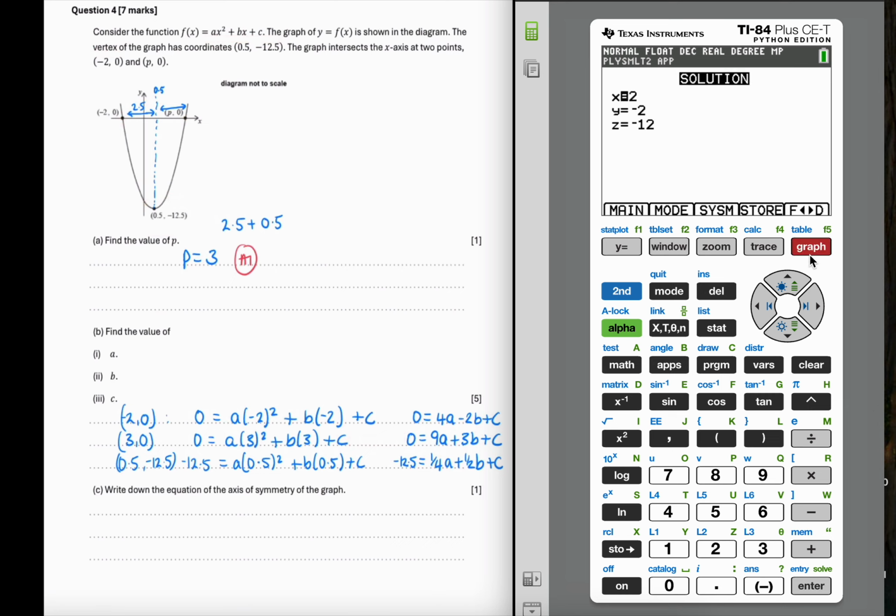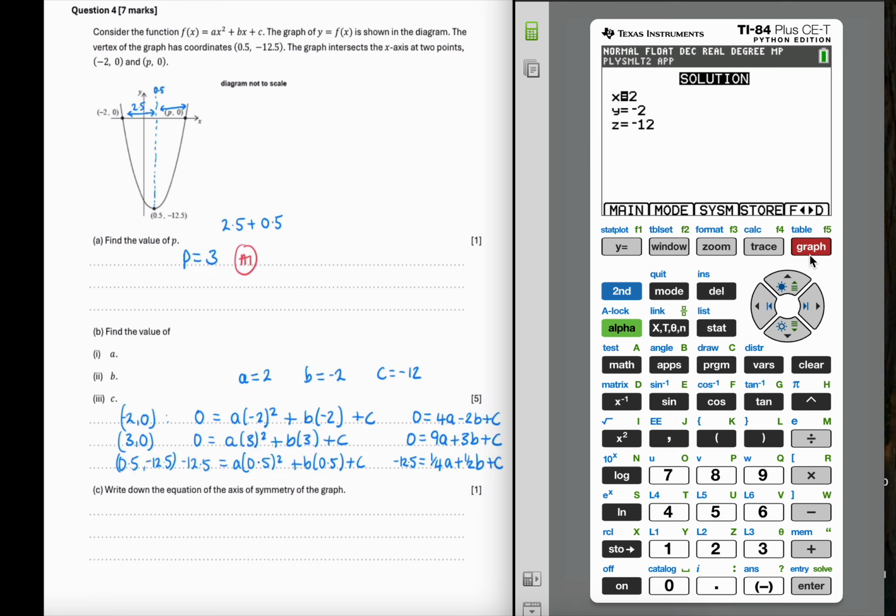And now I can solve the equation and I can find what my unknowns were, a, b, and c. We can see that a is 2, the second one is negative 2, which isn't y, I need to make sure that I label that as b, and then the last one, c, is negative 12.